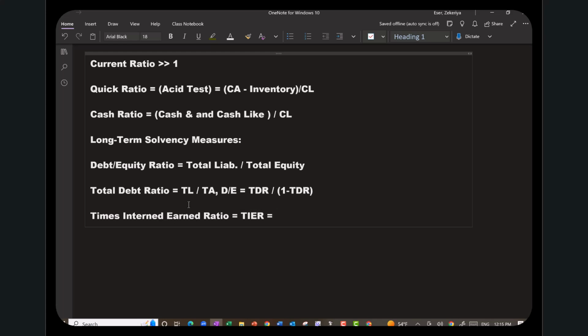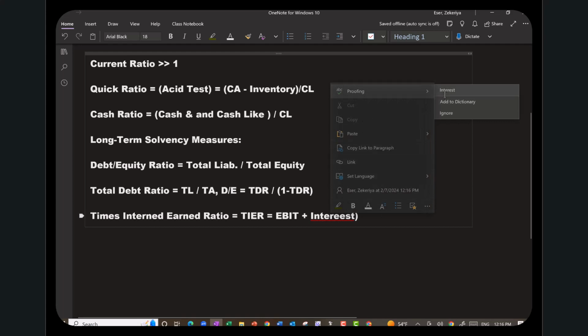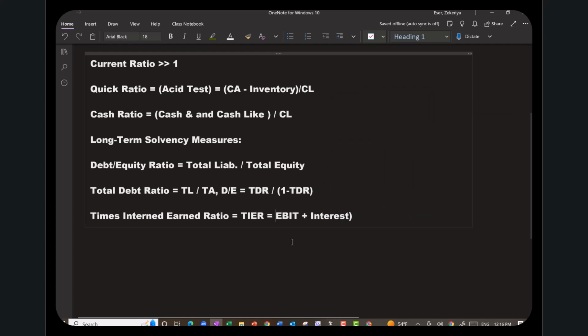It's basically EBIT plus interest. Actually, just EBIT. Interest is not there. Check the definition. How much money did you make before?